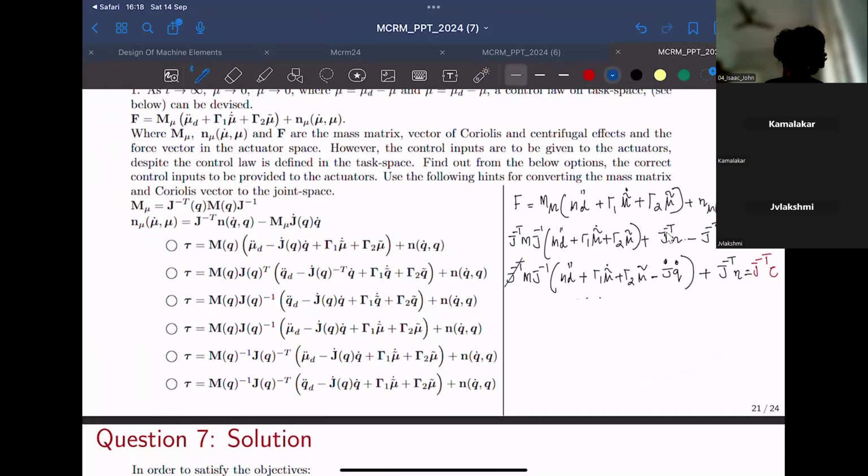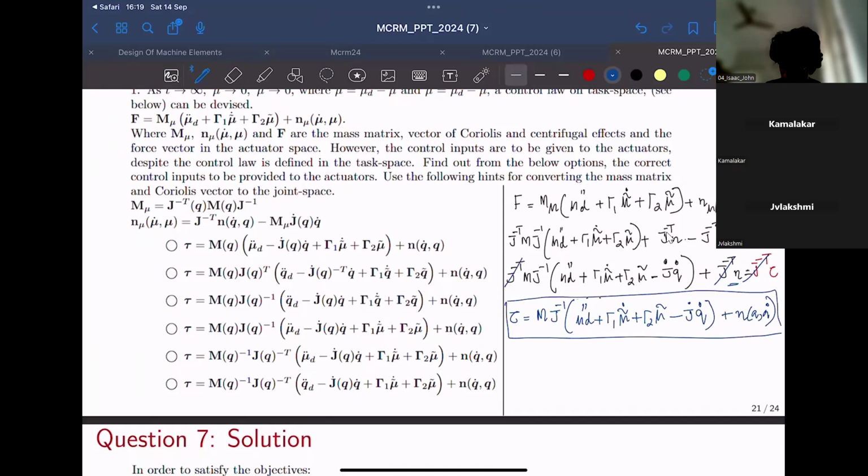I'll cancel this one, this one, and this one, which would leave us the torque in joint space as the mass matrix in joint space multiplied by J inverse, mu psi double dot plus gamma 1 mu tilde dot plus gamma 2 mu tilde minus J dot q dot, plus N of q dot, that too in joint space.